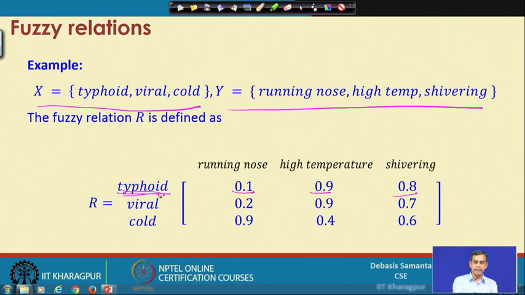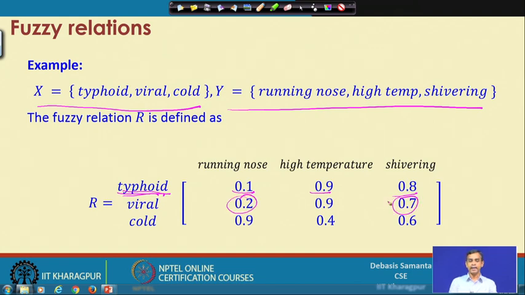Every disease and its different symptoms with different membership values are represented by means of a relation matrix. If it is viral, then shivering is 0.7, and running nose, with a little less strength than shivering, is 0.2.